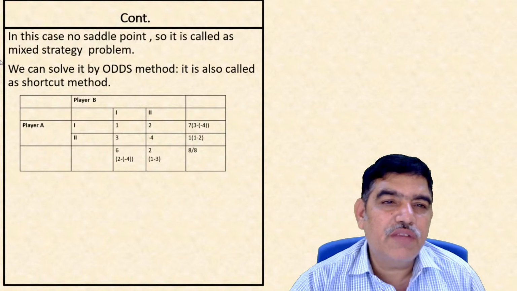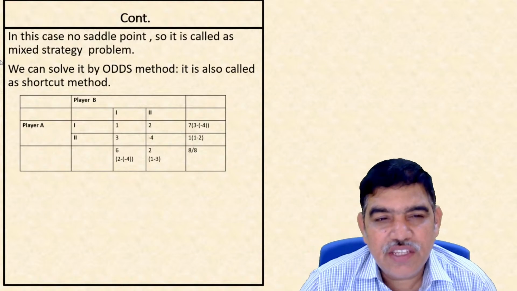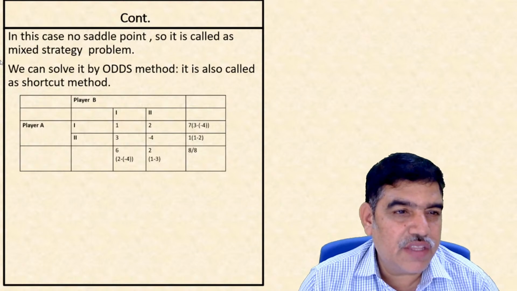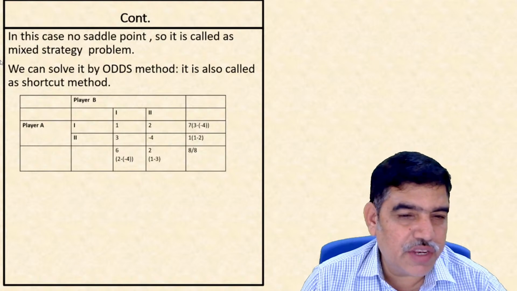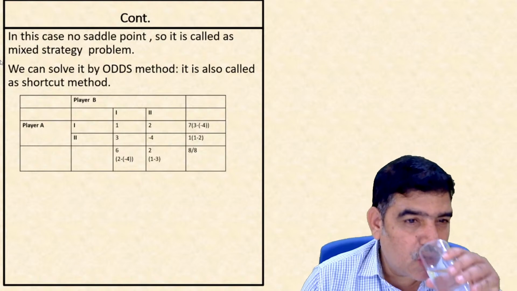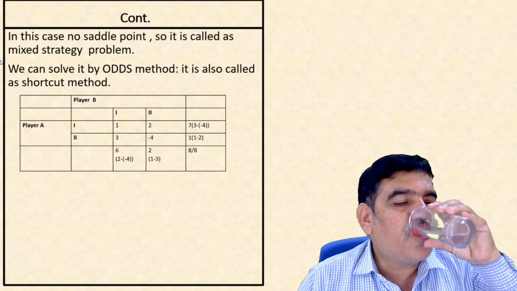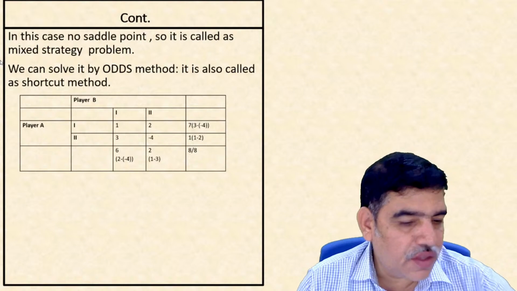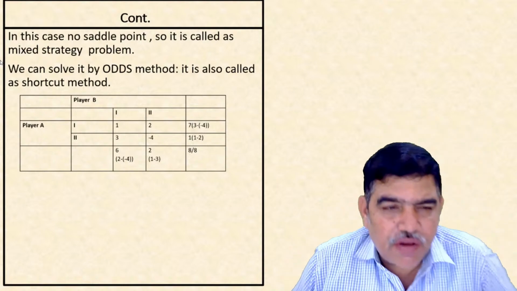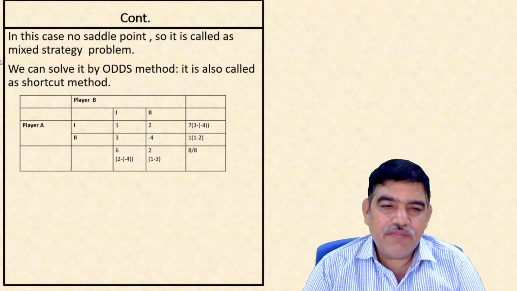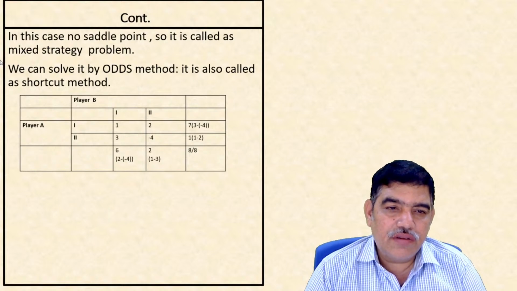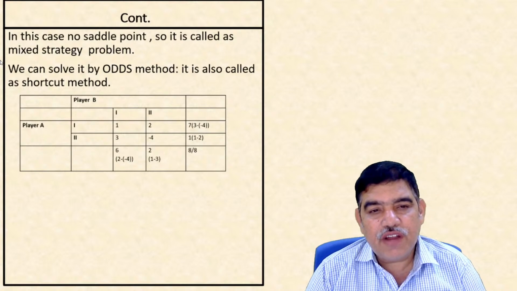We can solve it by the odds method, and this odds method is also called the shortcut method. I am explaining it with an example here. We can directly implement the formula to find the value of the game, or we can use the shortcut method to find the value of the game.